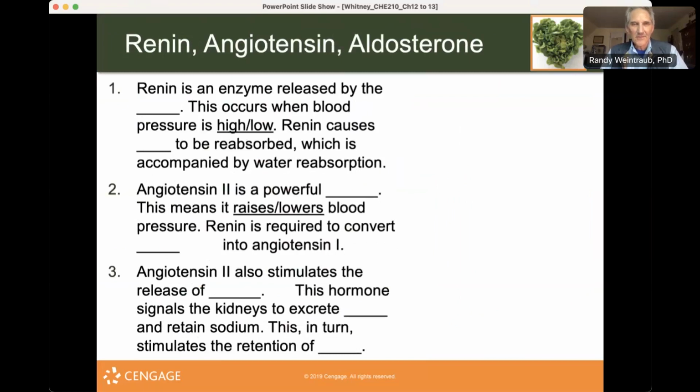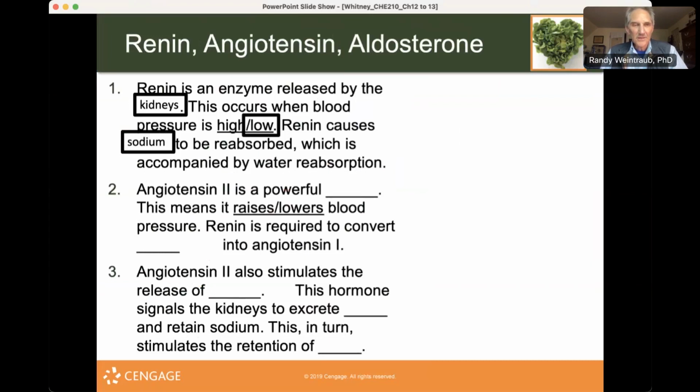Okay, there's a few more things involved we want to know about. Renin is the enzyme released by the kidneys, and this occurs when blood pressure is low. The renin causes sodium to be reabsorbed, and we know that the ion sodium will attract water, so that accompanies the reabsorption of water into our body from the intestine.